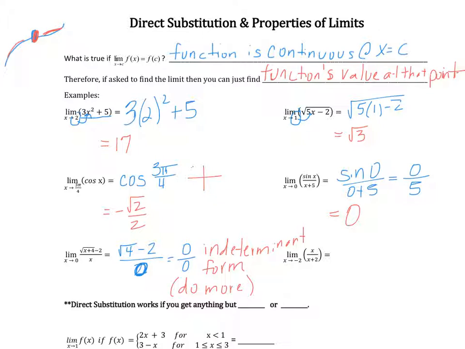When I plug in -2 with direct sub, I get -2 over 0. What does that mean the limit is? Right now, we're going to look at these more closely as well. But we can say this one, the limit is undefined.